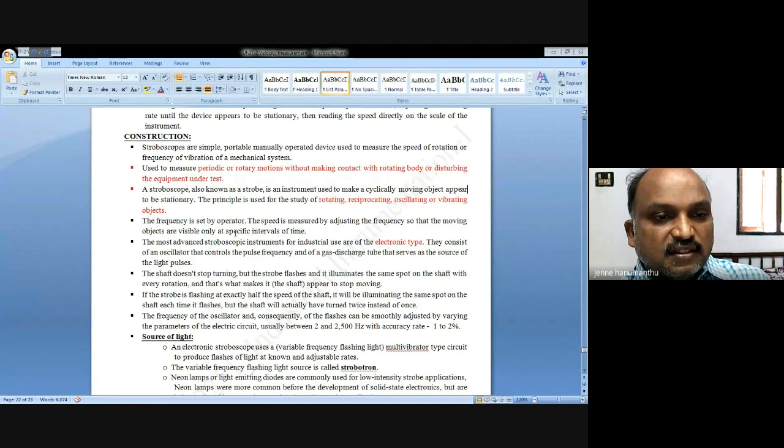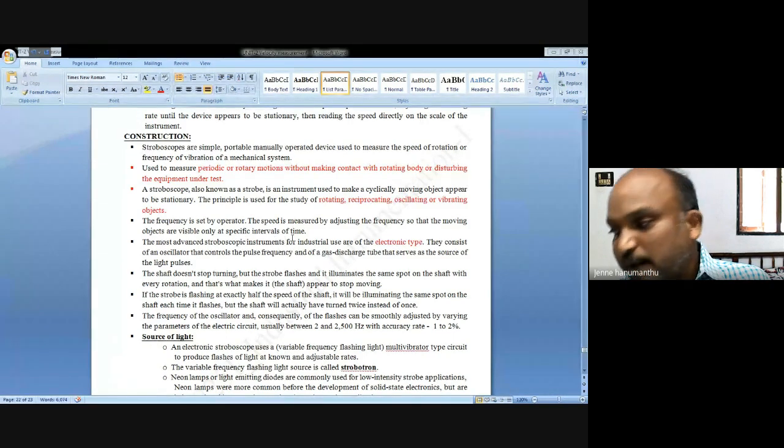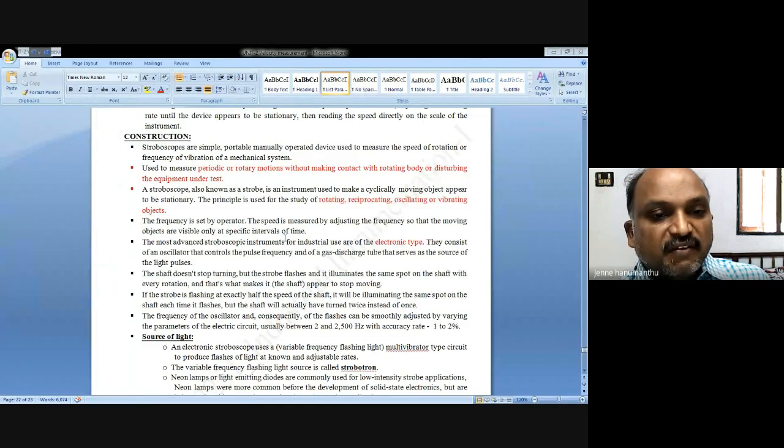The frequency is set by the operator. The speed is measured by adjusting the frequency so that the moving objects are visible only at specified intervals of time. The most advanced stroboscopic instruments for industrial use are of the electronic type.